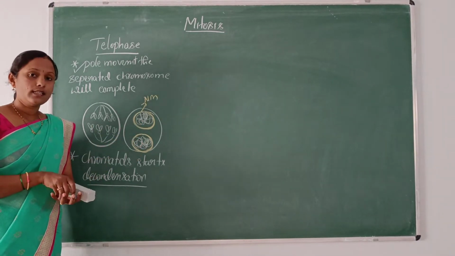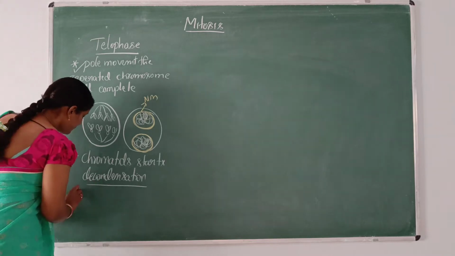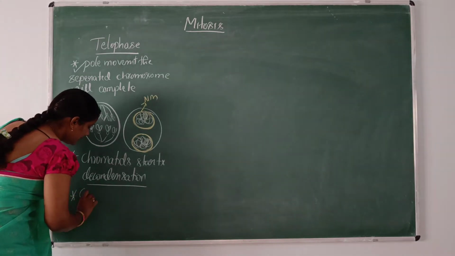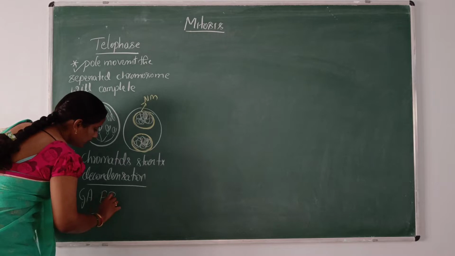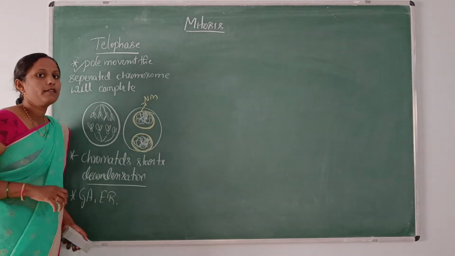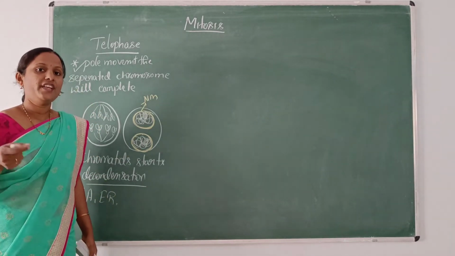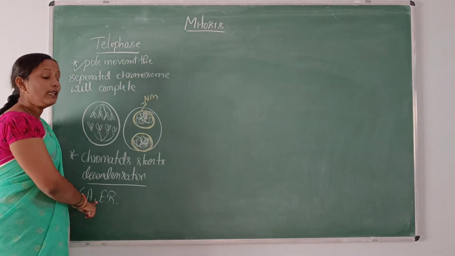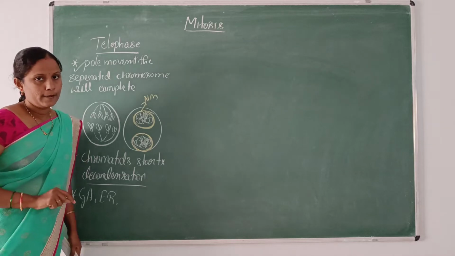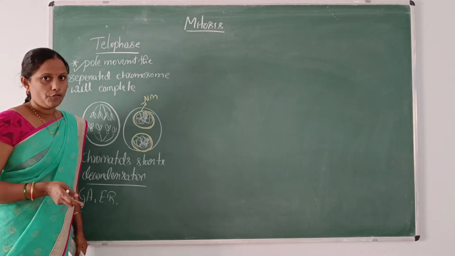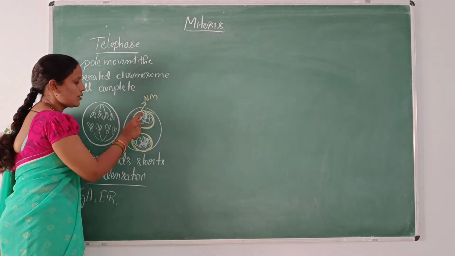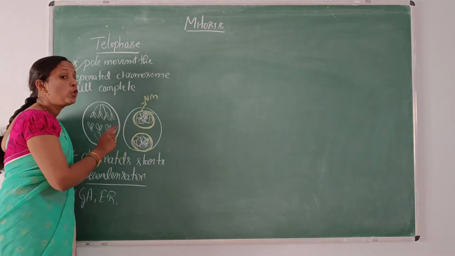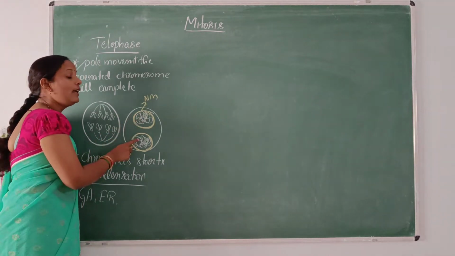As well, the other cell organelles like Golgi apparatus and endoplasmic reticulum all start appearing. Whatever disappeared in the prophase starts appearing in the telophase. By the end of telophase, complete structures will be formed in the two sets. So that is the telophase.